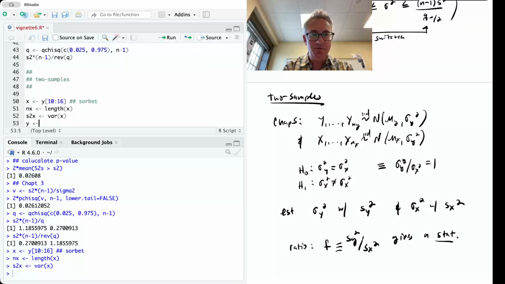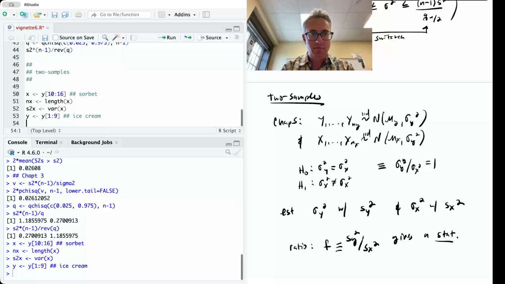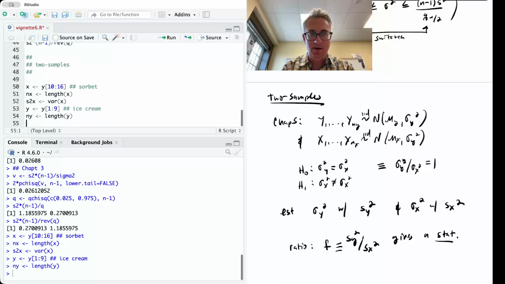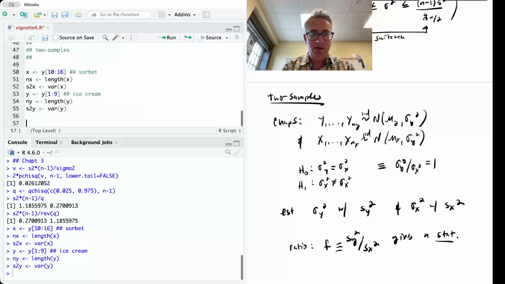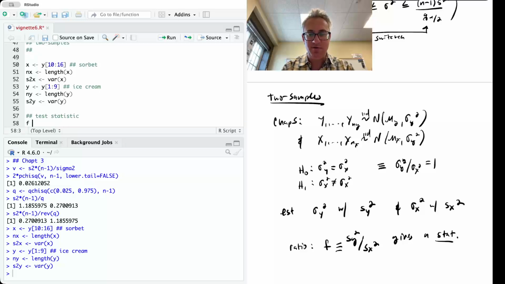And then the y's will be just the first original y values, and those are the ice cream. And my ny is length of y, and my s2y is var of y. And then my test statistic is this ratio that I'm going to call f, s2y over s2x.